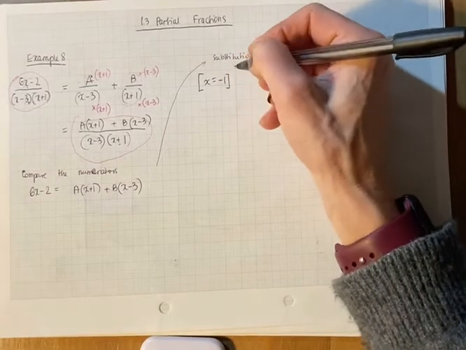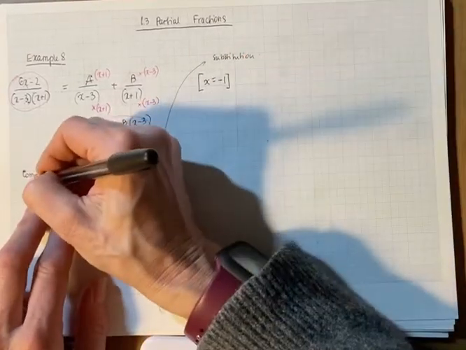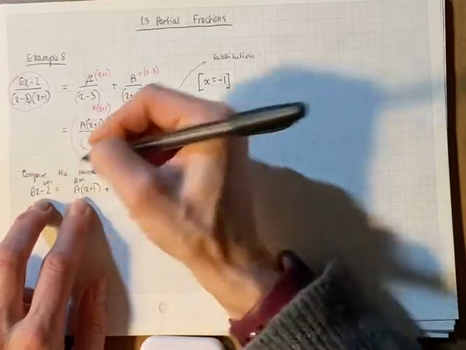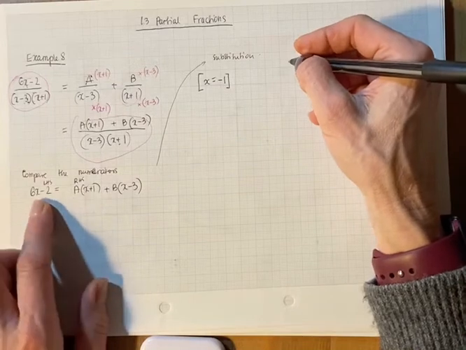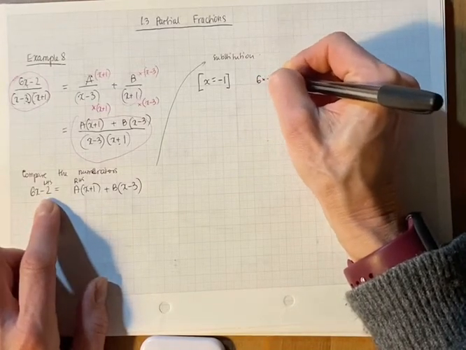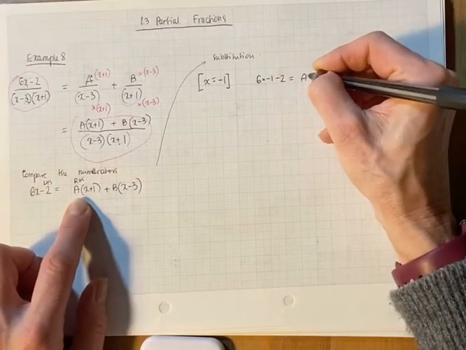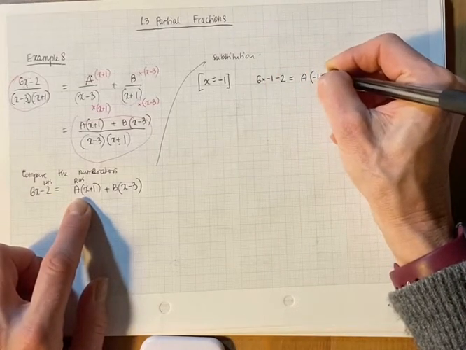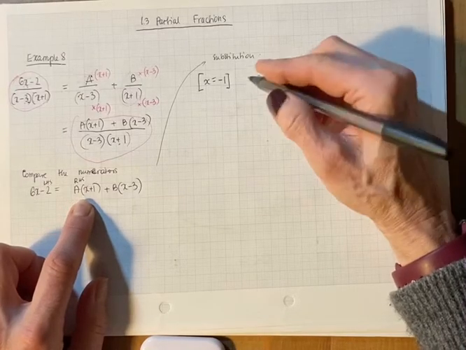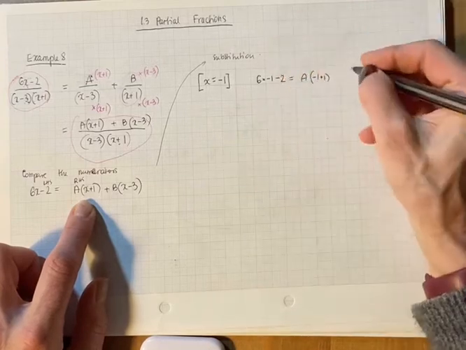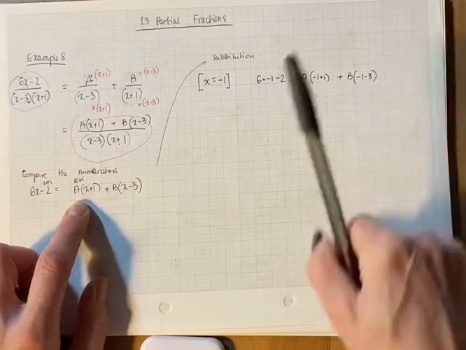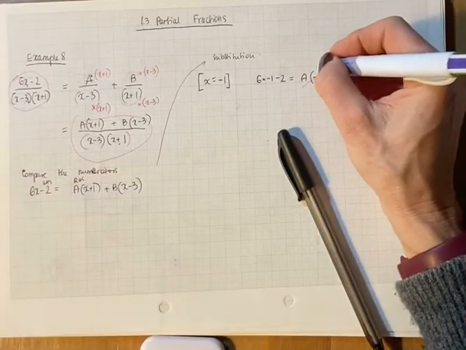So we're going to substitute minus 1 into the left-hand side and the right-hand side of our equivalent expressions, numerators. On the left-hand side goes 6 times minus 1 and then minus 2. On the right-hand side, you've got a times 0, because that's how I chose this, so that I could get rid of a, plus b, and then it's minus 1, minus 3. So that clearly will go to 0.